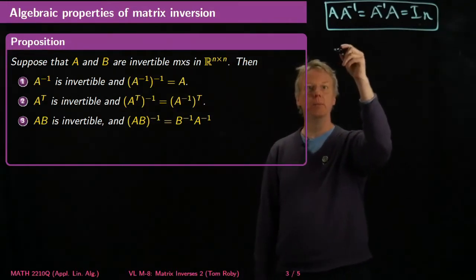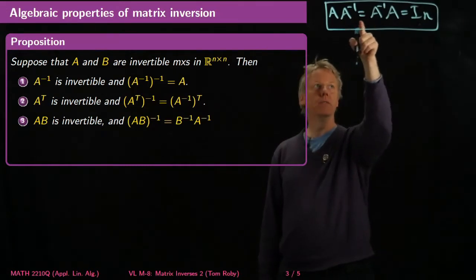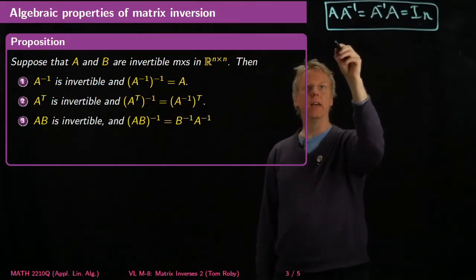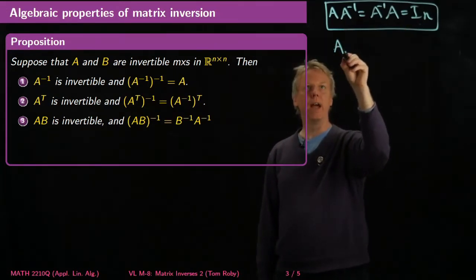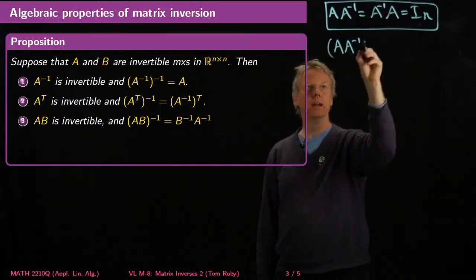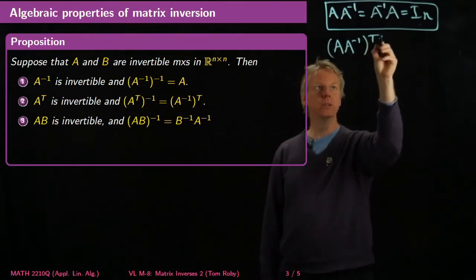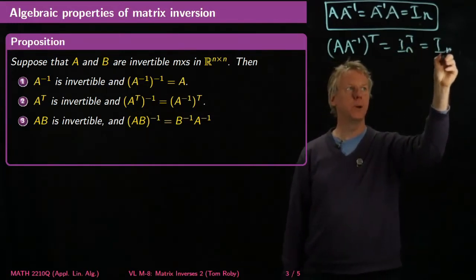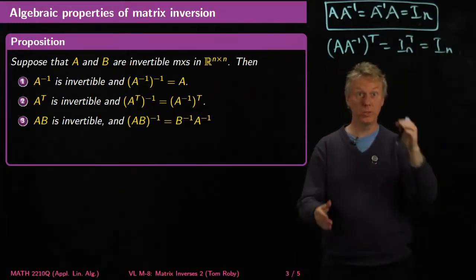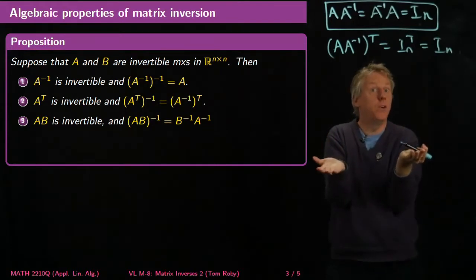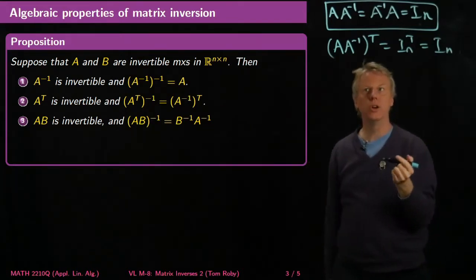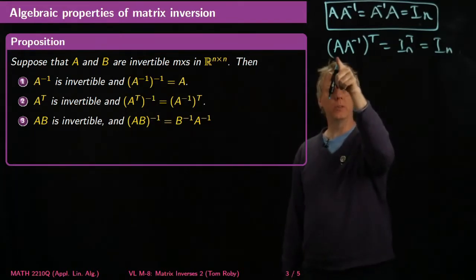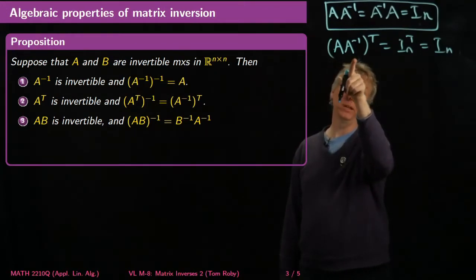Well, if you start from A times A inverse equals the identity, then we can take the transpose of each of these things. And of course, the transpose of the identity matrix, which is just ones on the diagonal and zeros elsewhere, is itself. It doesn't change at all. Now what do we know about the transpose of the product of two matrices?